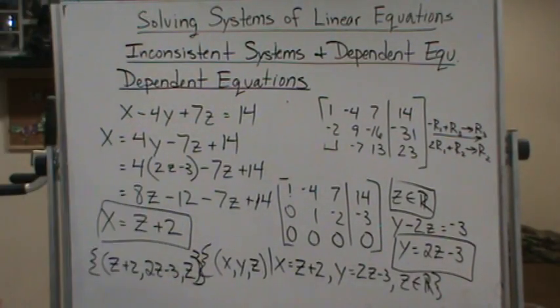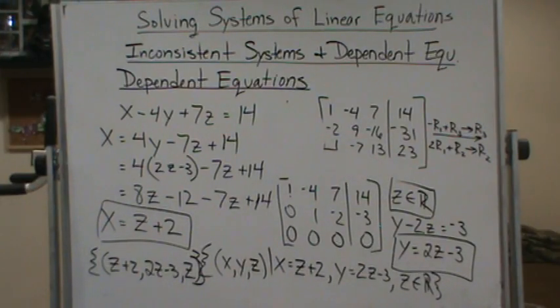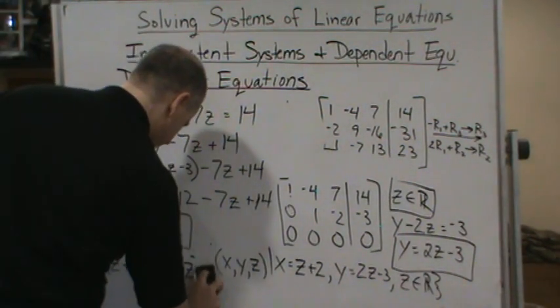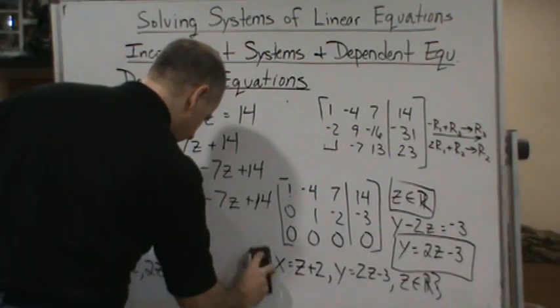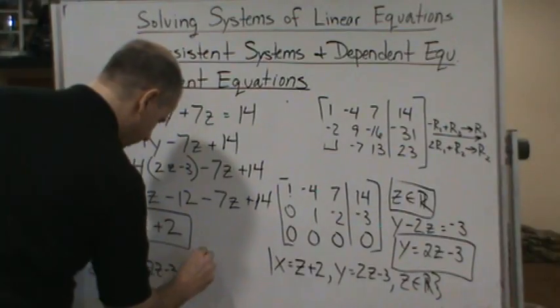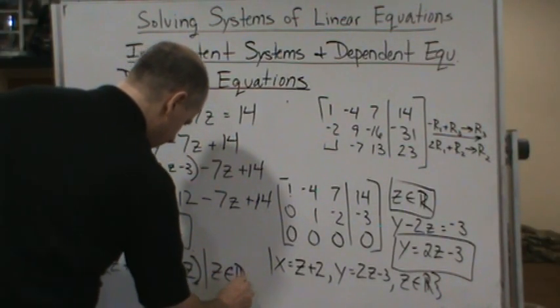And then we end it with the parenthesis. So here, it's in terms of z, right? Where z is any real number. Okay? Or in fact, what we could do, just to make it even more accurate, is actually spell it out. So it would be an ordered triple such that z is any real number.